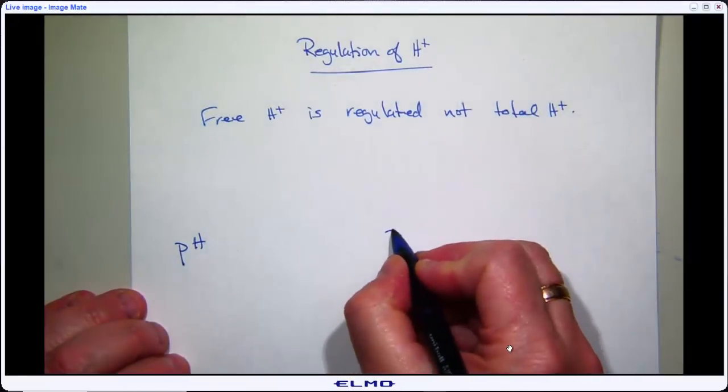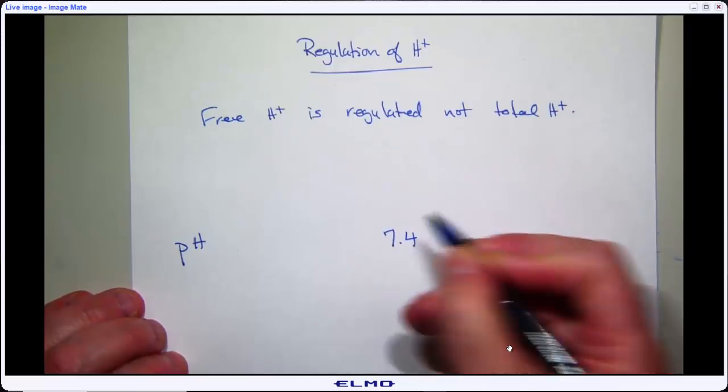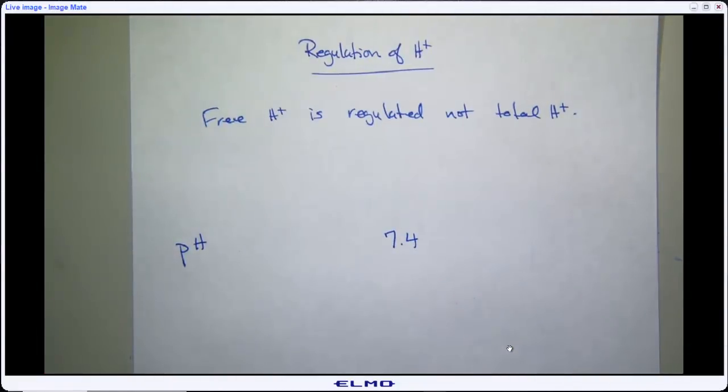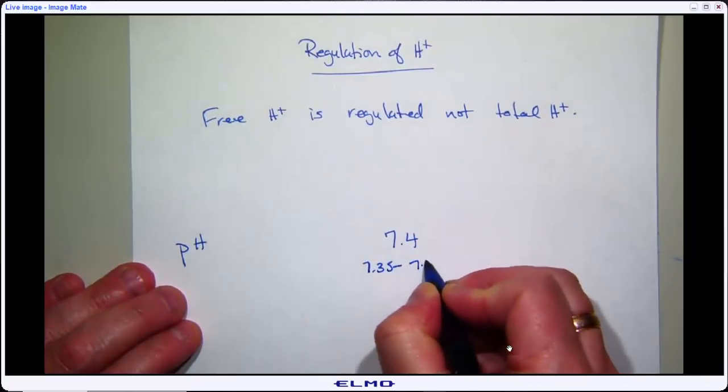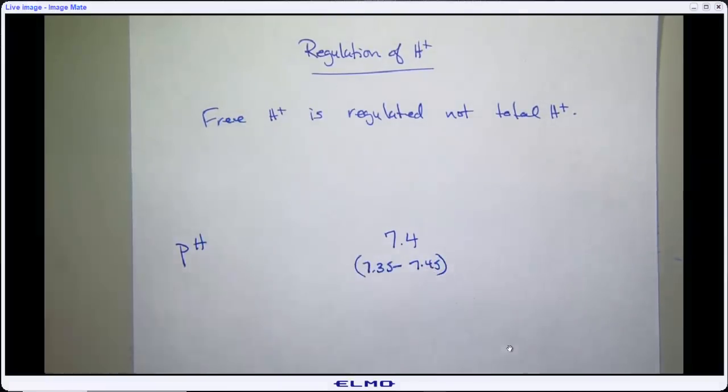So in terms of a pH range, the body tries to keep itself at a pH of 7.4, so that's our kind of homeostatic set point, right? And we're okay with 7.35 to 7.45. Okay, so the body is happy if it can get itself back into that range, it'll stop regulating, okay?